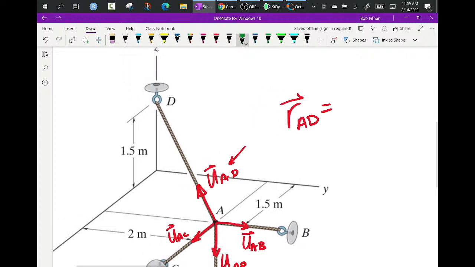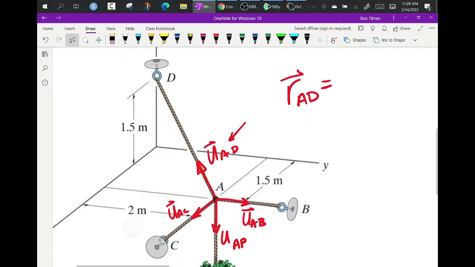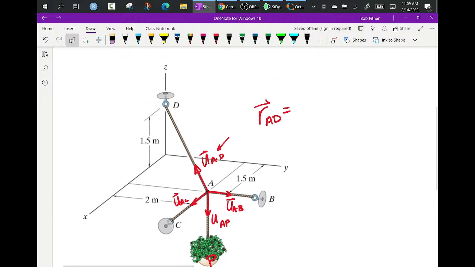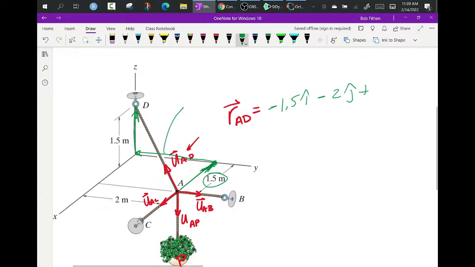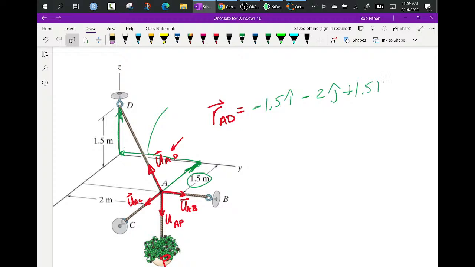I'm going to run down the X, then run down the Y, and then run down the Z. If I run down the X, the vector goes minus 1.5 I to get me to that point. This vector goes minus 2 meters J, and this vector goes up 1.5 K.